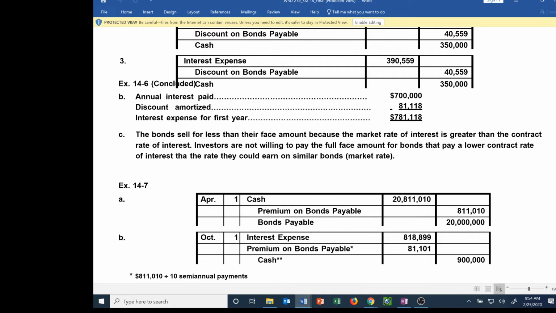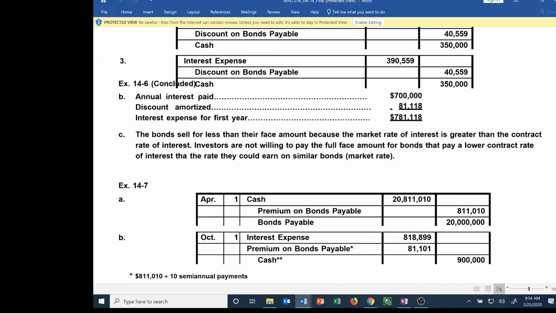Wait a minute, how are we getting 900? Are you sure it's 8%? It's gotta be. Let me read it. On April the 1st, they issued bonds at 9% bonds. You gotta take the bond rate, no matter what else it says.